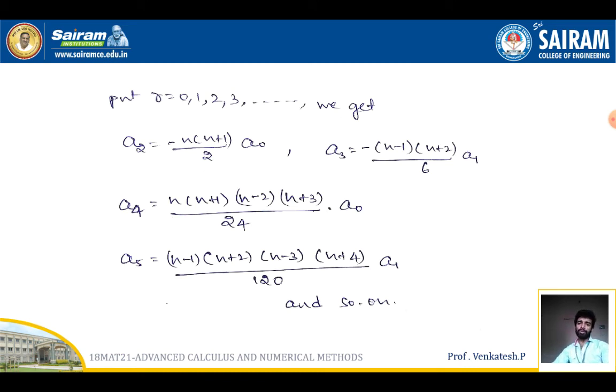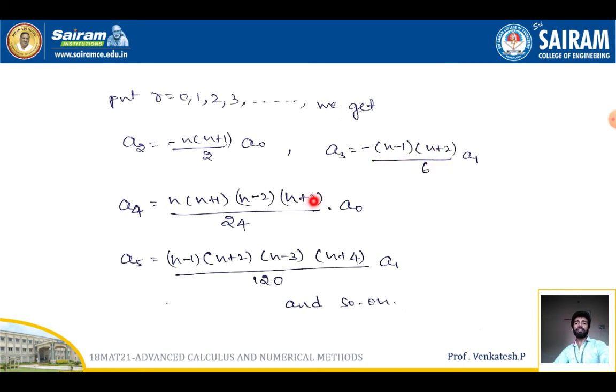If I replace r is equal to 0, 1, 2, 3, we can find the further constants. If I replace r is equal to 0 in the ar plus 2 equation, I will get a2 is equal to minus n into n plus 1 by 2 into a naught. If I replace r is equal to 1, I will get a3 is equal to minus of n minus 1 into n plus 2 by 6 into a1.